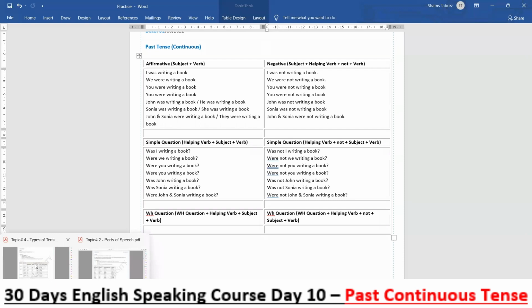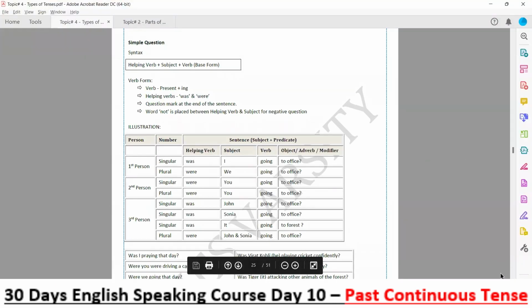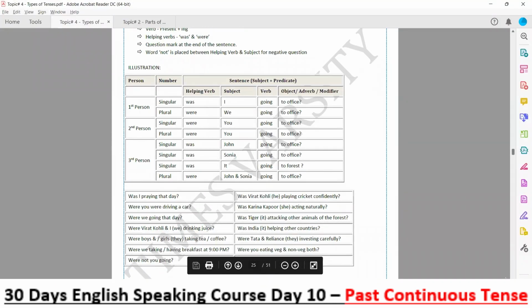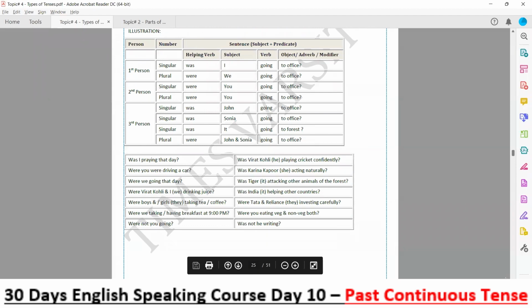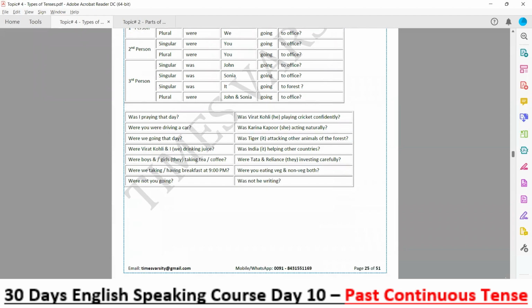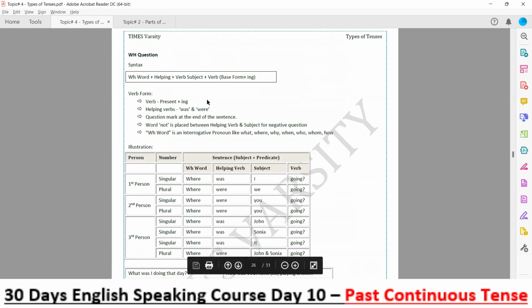Now, WH question. After simple question, we have WH question. WH question syntax: WH word, helping verb, subject, verb. If we add WH word before our simple question, it becomes WH question.